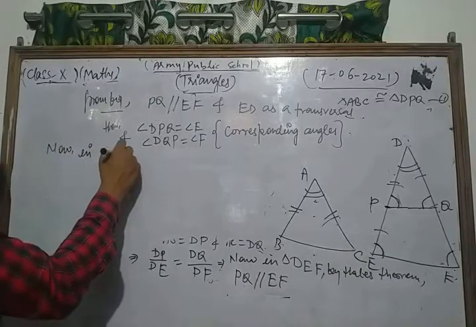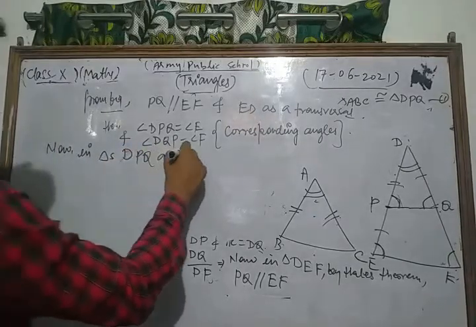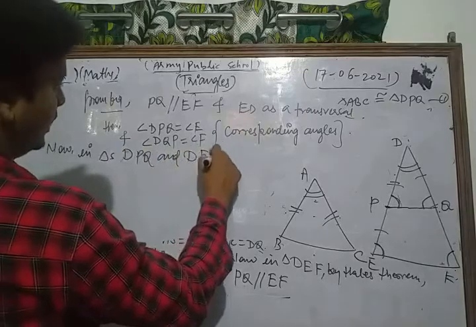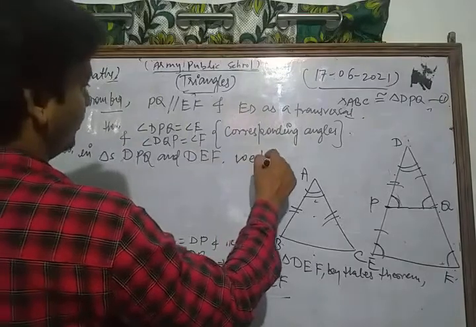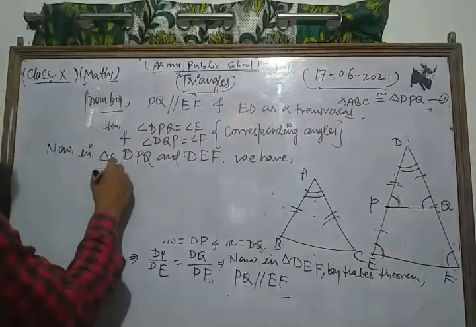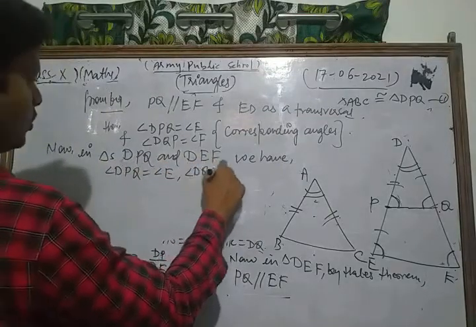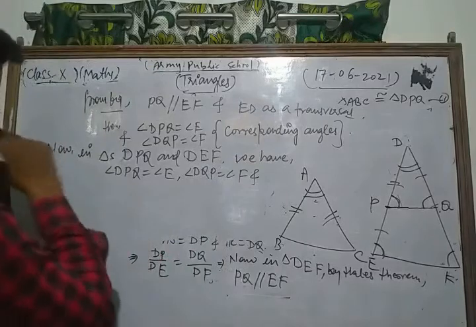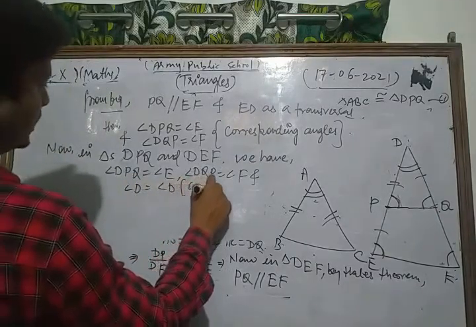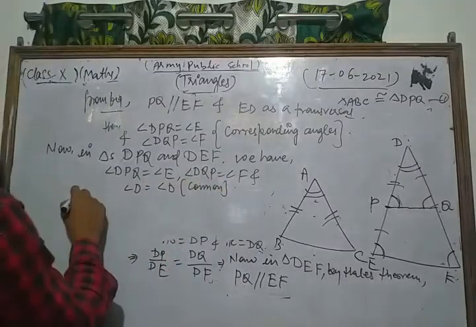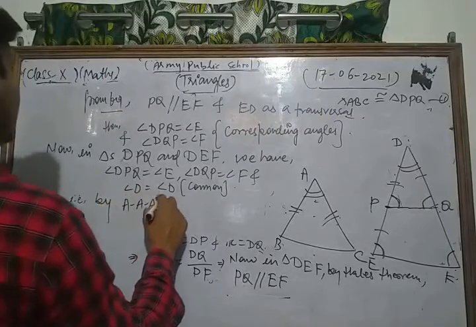In triangles DPQ and DEF, we have angle DPQ equal to angle E, angle DQP equal to angle F, and angle D equal to angle D. This is common in both the triangles, so by angle similarity.